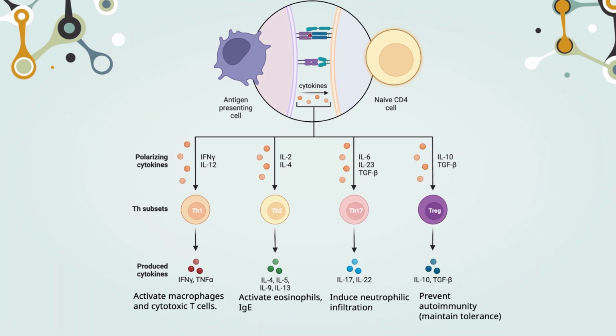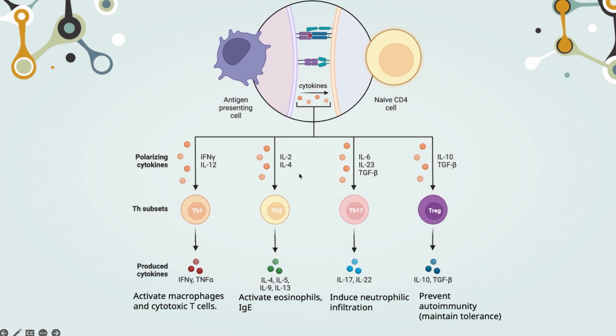From exam point of view, how they will ask a question is: in infection, macrophages and cytotoxic T cells were activated. Which of the following cytokines were released which induced the activation of macrophages and cytotoxic T cells? In that situation, the right answer could be either interferon gamma or TNF alpha. So this is how the question will be asked.